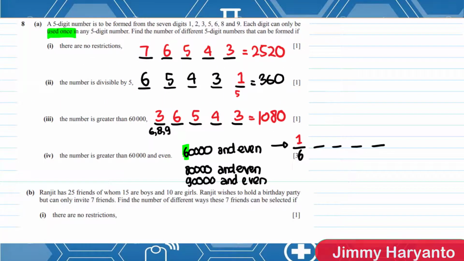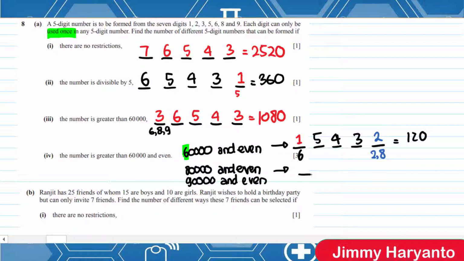And then after that, even is at the very back. So for the last digit, if the front is already 6, it can be 2 or 8, 2 and 8, because 6 is already used. So this one is 2 possibilities. And then after this, 7 has been used by 2, so 5, 4, 3. For this one it's 120.